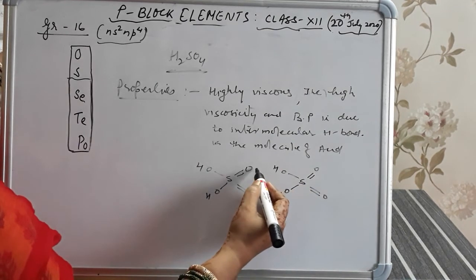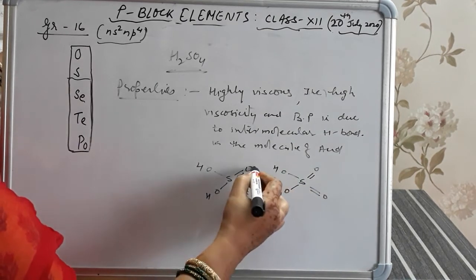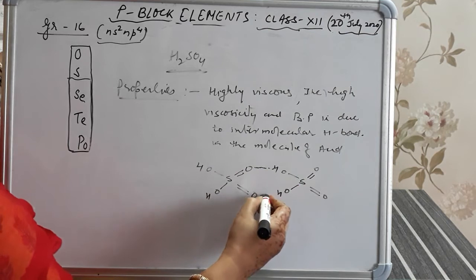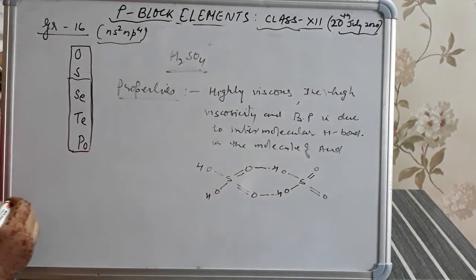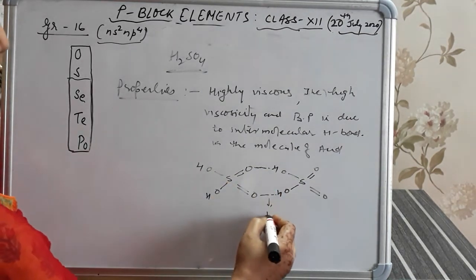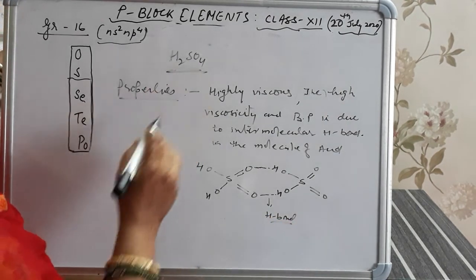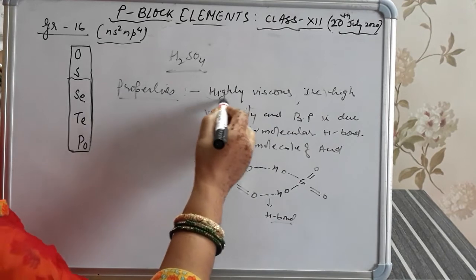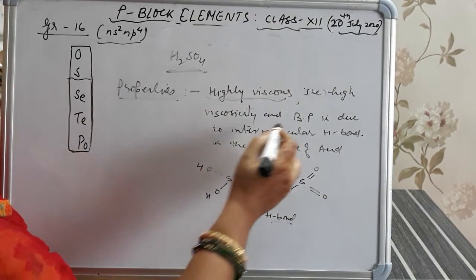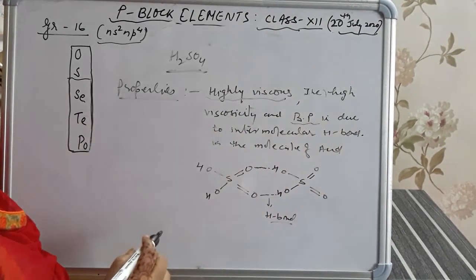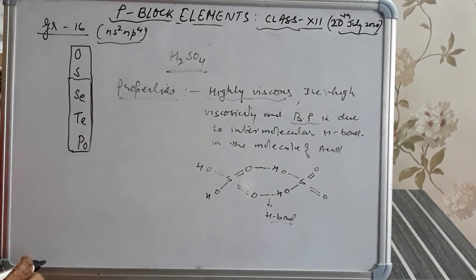So students, there is a force of attraction between this oxygen and this hydrogen, and this is known as H bonding. Due to the presence of H bonds in sulfuric acid molecules, it is by nature highly viscous, and its boiling point is also high. This makes the molecules viscous and the boiling point high.